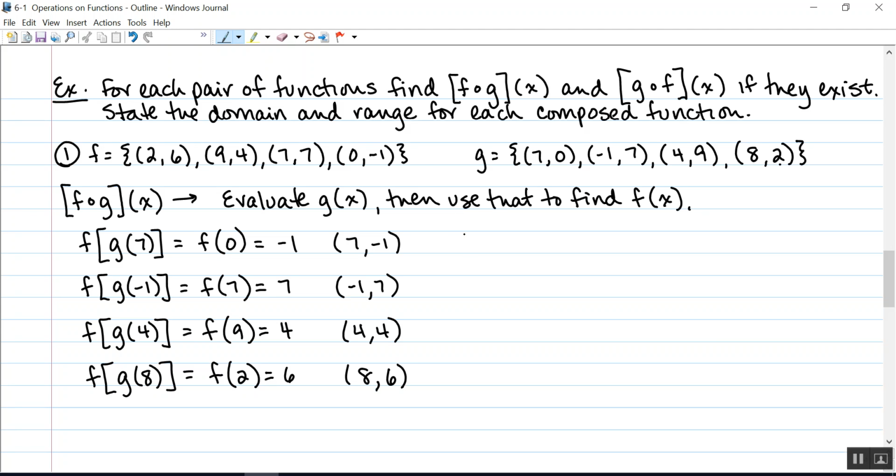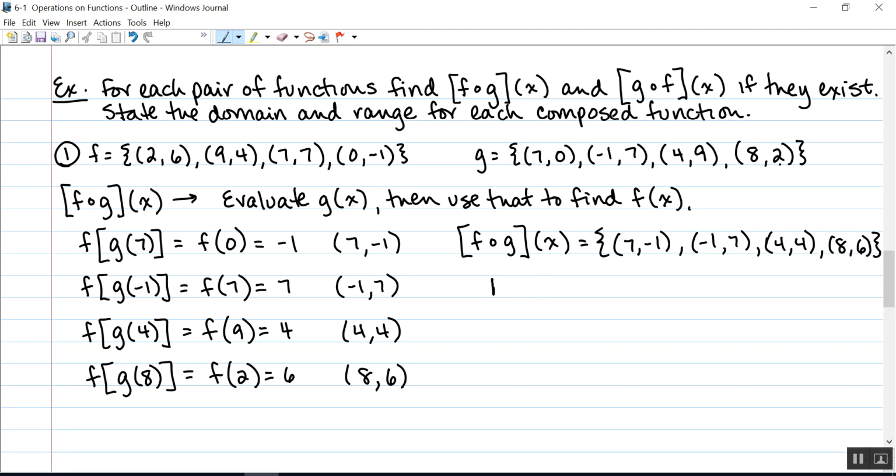So f of g of x is equal to this set of ordered pairs: 7, -1, -1, 7, 4, 4, and 8, 6.